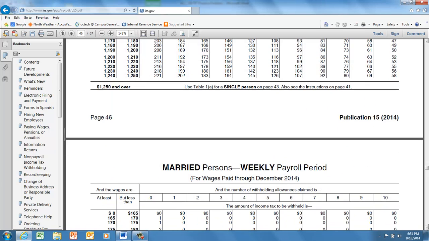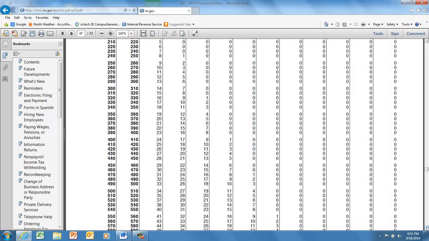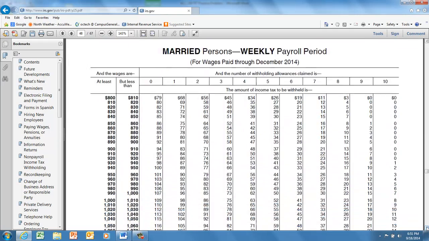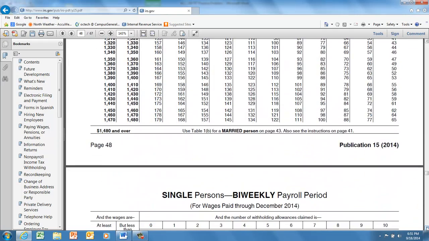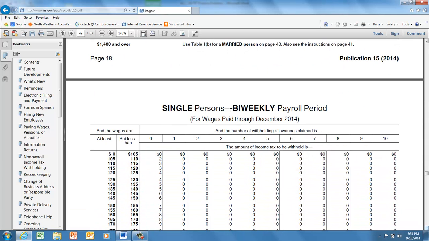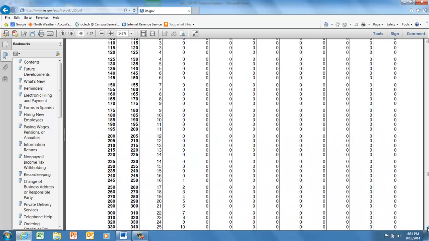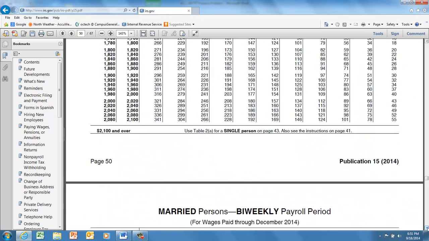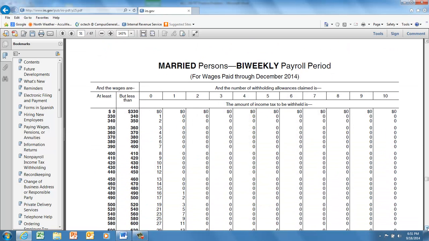We're still in weekly here, so we need to keep going down until we see where it says bi-weekly. The single pages are always before the married pages, and we need the married pages. There are 2 single pages, and here we go. Here's the married bi-weekly. We wanted 2,810, and with 6 allowances, 6 allowances is the 7th column over.